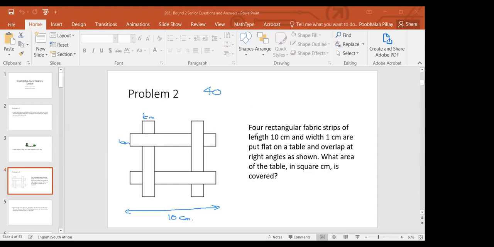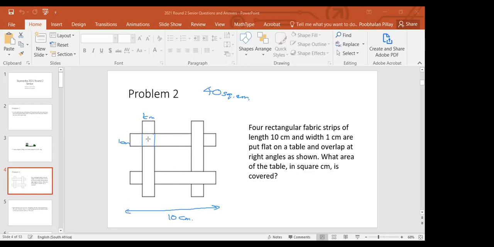So if you put the 4 flat on the table, it'll cover 40 square centimeters. So which parts of the strips are not on the table? Well, I can see this part here is not on the table. The overlap. And there are 4 of them.